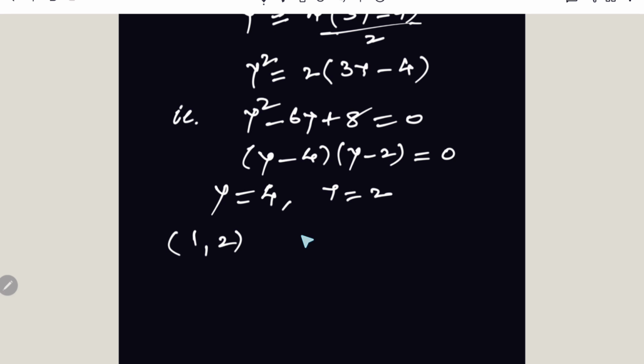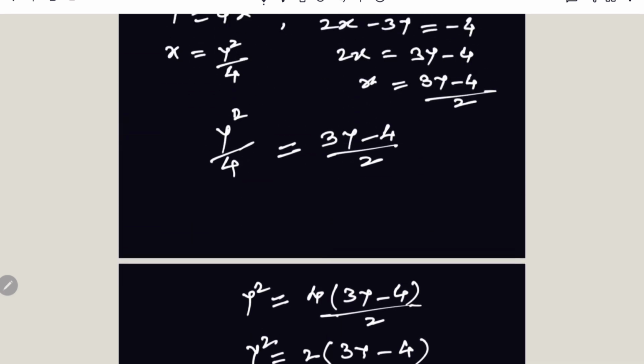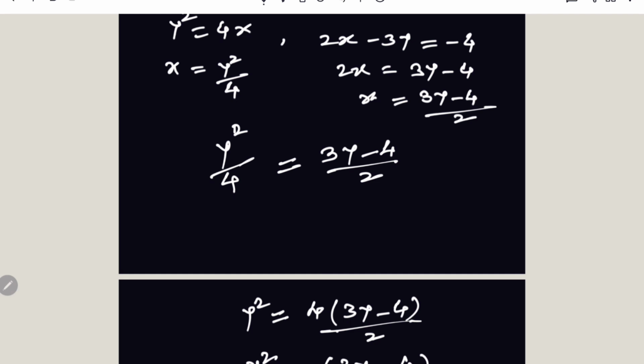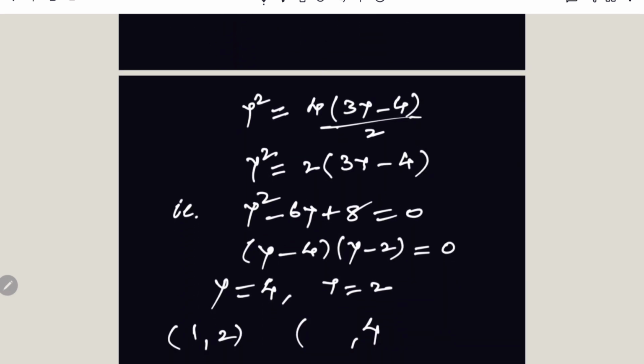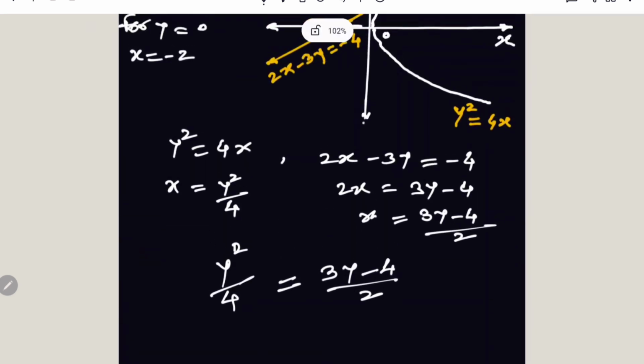And when y is 4, we get the value of x as 4 square, that is 16, 16 by 4, we get 4. Therefore, that point is 4, 4. We have to show this in this figure.